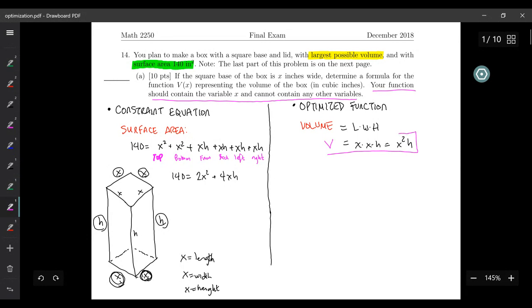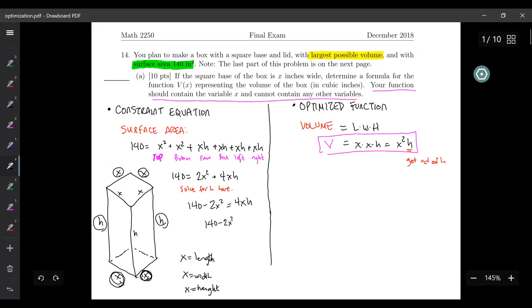Right now we have V equals x squared h. So what I need to do is get rid of this h variable. And you do that by working with the constraint. So solve for h here. I'm going to subtract: 140 minus 2x squared equals 4xh, and then divide by 4x.